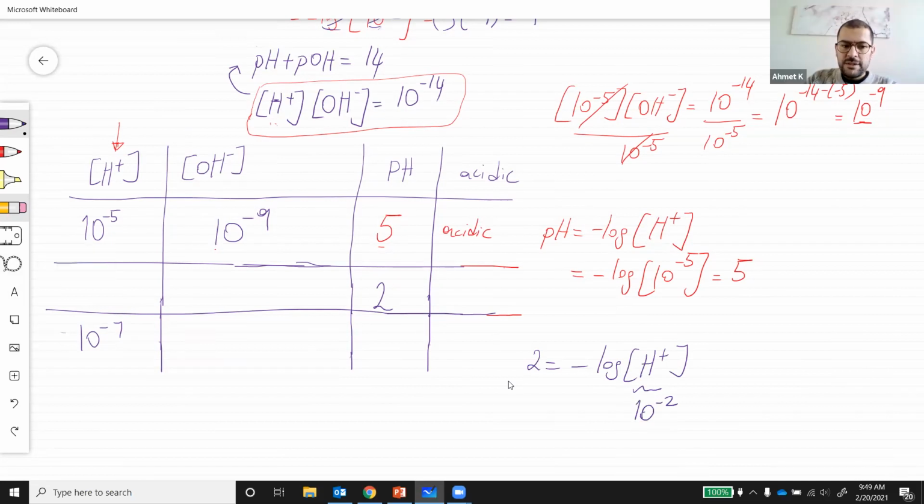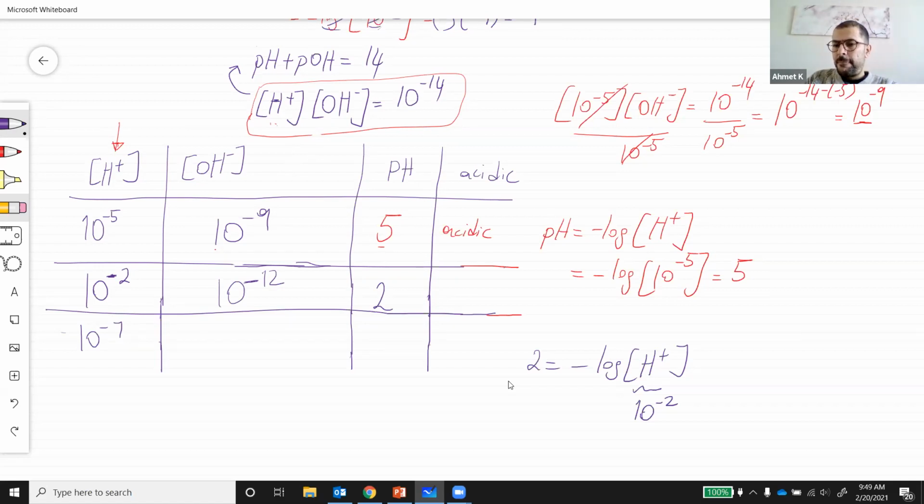Okay, so I can plug this in here, 10 to the negative 2. And if this is negative 2, then it has to add up to negative 14, as we just did for the first one. So negative 2 plus negative 12 is going to add up to negative 14.